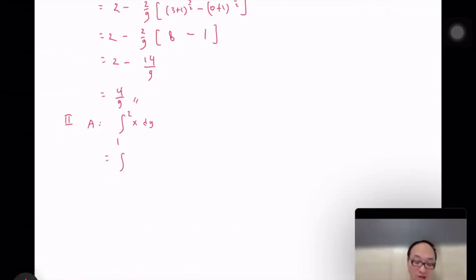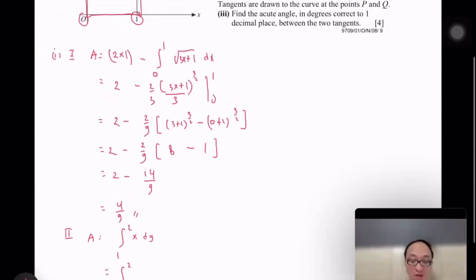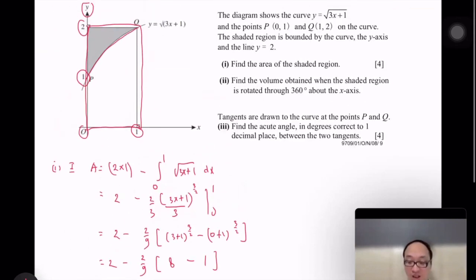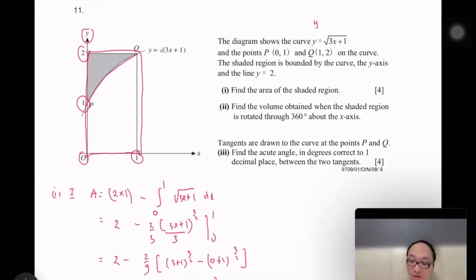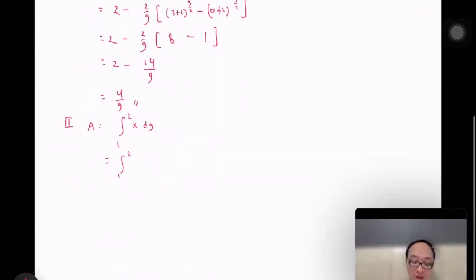So integral 1 to 2. For the x here, y squared will be 3x plus 1, so that means x will be (y squared minus 1) over 3. So I can put x equals (y squared minus 1)/3 dy.